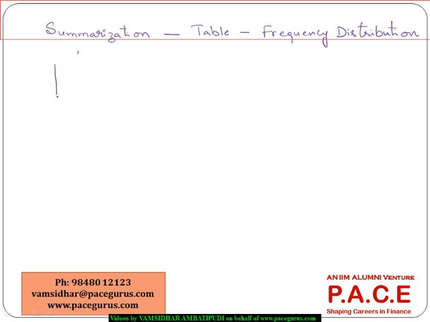I divide the whole data into different intervals and count the number of observations falling in each of the intervals. That is what we call a frequency distribution.